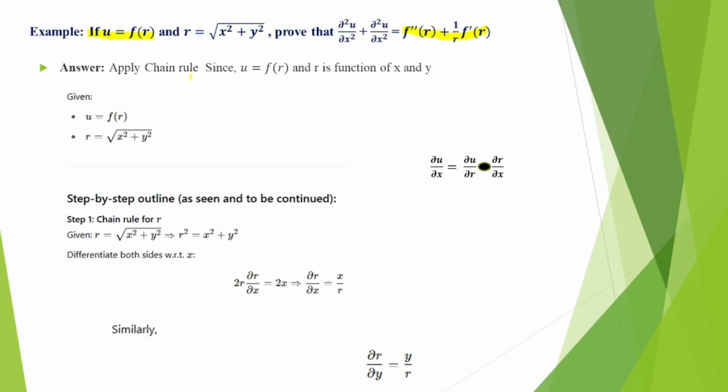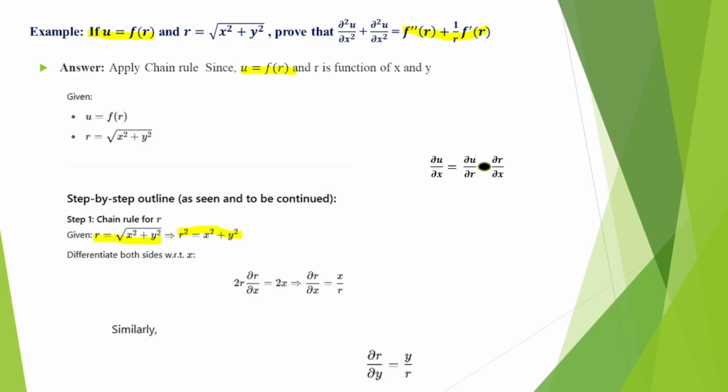So here apply the chain rule, since u equals f of r and r is a function of x and y. First of all, calculate dabba r by dabba x and dabba r by dabba y. So r equals under root of x square plus y square. Squaring both sides we get r square equal to x square plus y square. Differentiate both sides with respect to x.